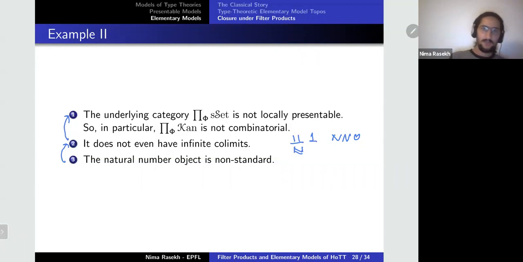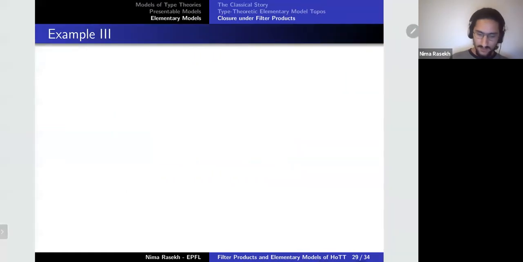So if you have infinite colimits, then this holds. But there are examples where you still have a standard natural number object, but you still don't have infinite colimits. But if I can prove 3, then I'm good. So let's do that. How can I do that?